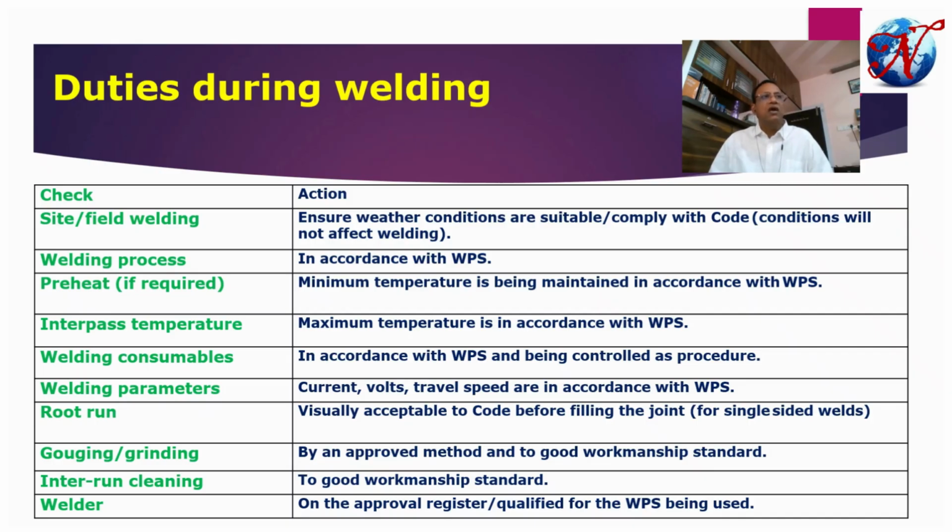According to the WPS, the correct welding process needs to be checked and verified as being properly utilized. If preheat is required, then preheating needs to be done and interpass temperature needs to be maintained. Whatever the WPS suggests, the welding consumables the welder is using need to be checked. Welding parameters and the root run need to be visually verified and must be acceptable as per the WPS.